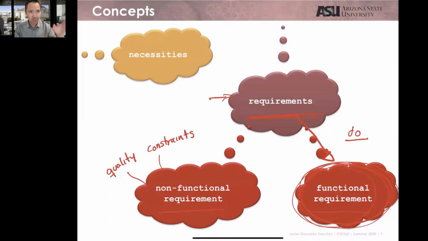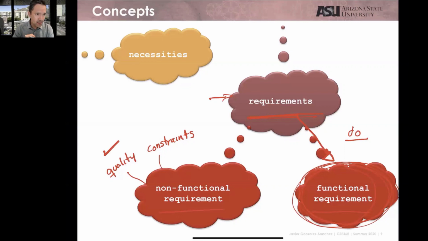If I ask you, the software should finish in less than 1 second, you can measure that. It's a requirement. Now, is it a functional requirement or a non-functional requirement? It is a non-functional requirement because we're talking about speed. Speed is quality, right?